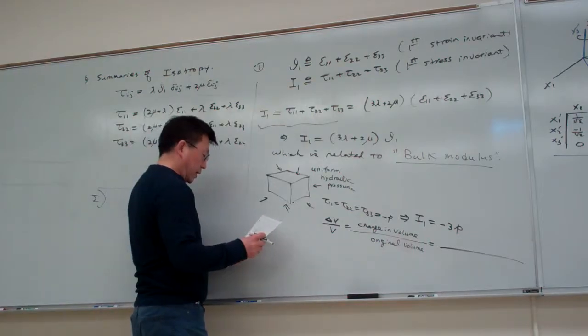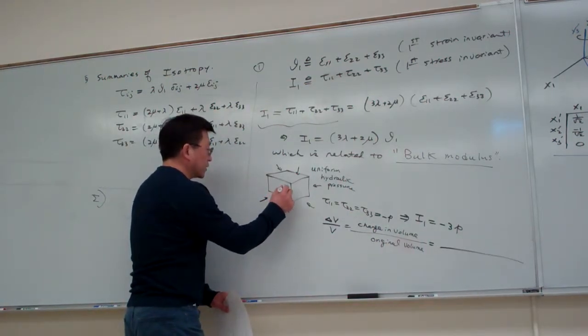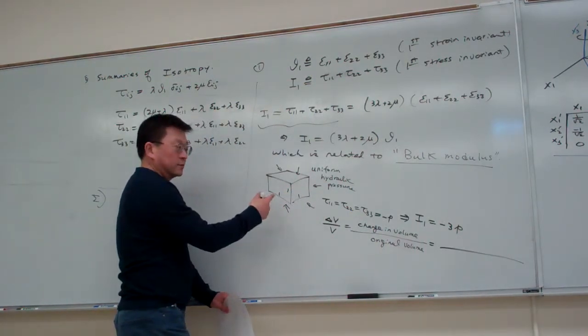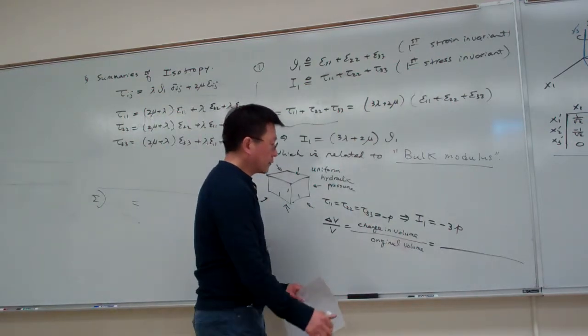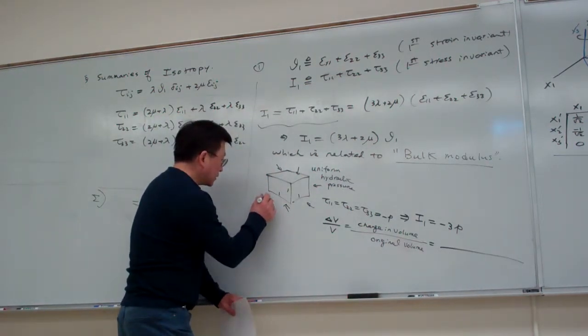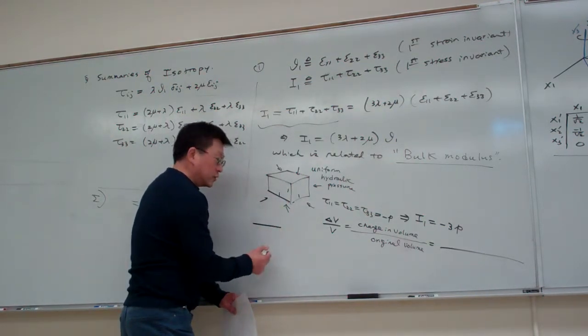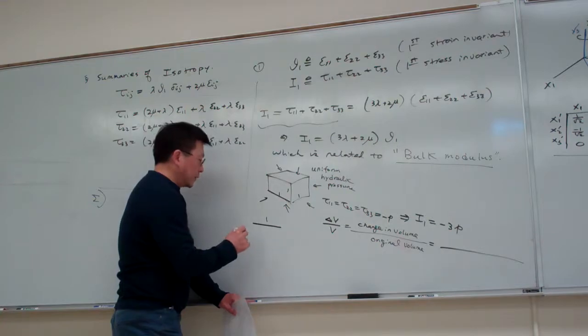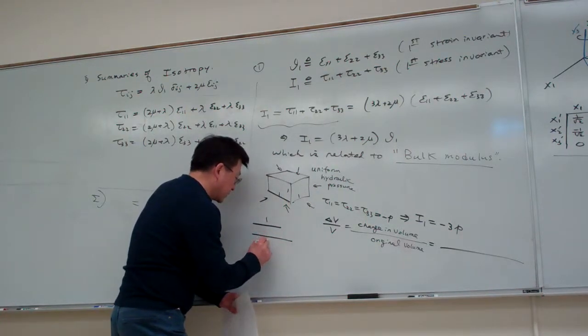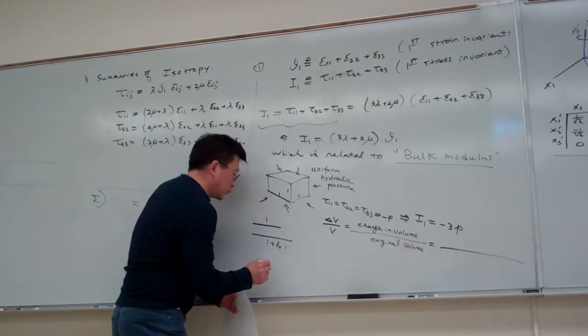Let me assume this is a unit cube. So for one side, before deformation the length is 1, and after deformation its length becomes 1 plus strain times the original length, which is 1.